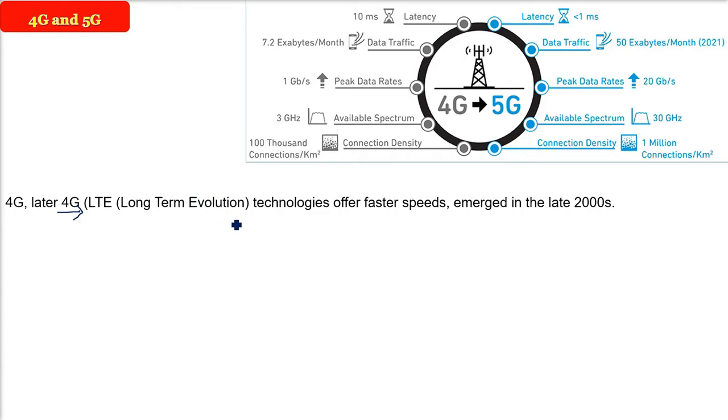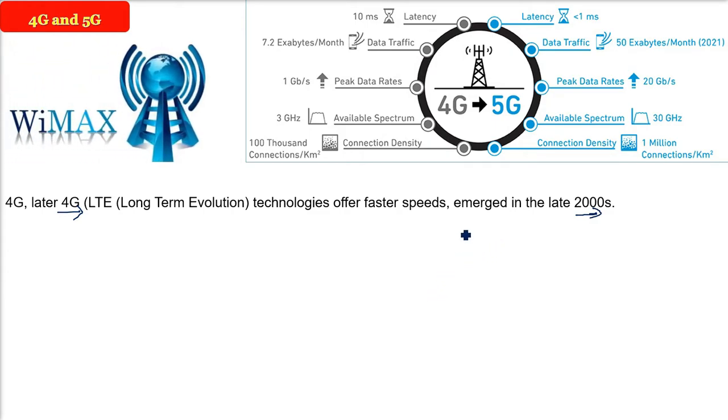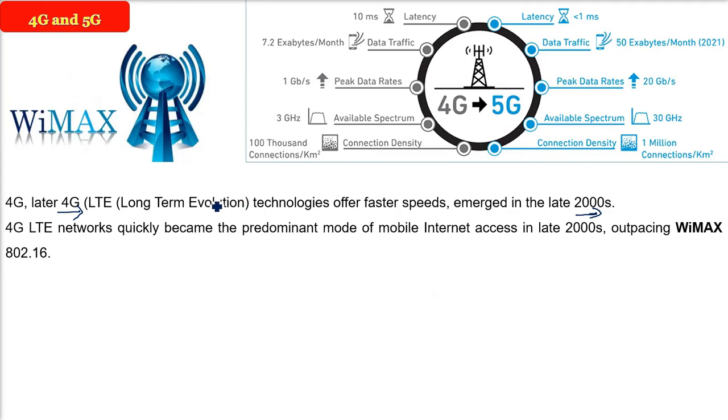This LTE 4G offers faster speed, and this came up in the late 2000s, and at that time various technologies were there. But when these 4G LTE networks came, especially for mobile internet, they outpaced WiMAX, which was 802.16.